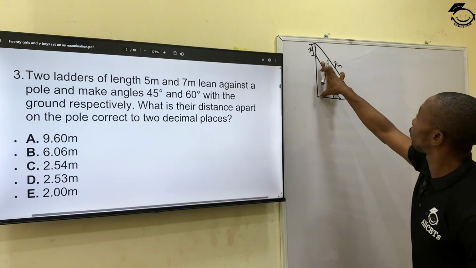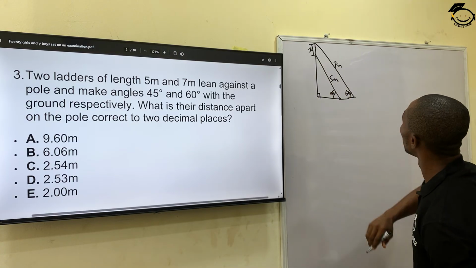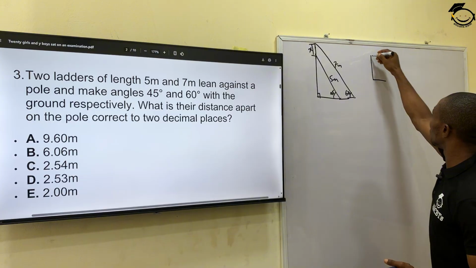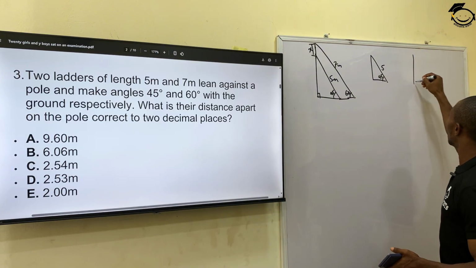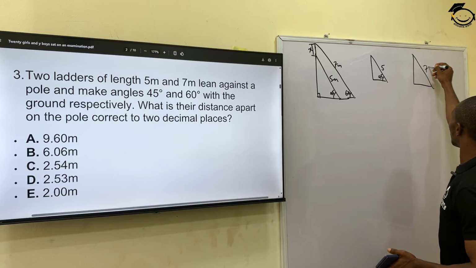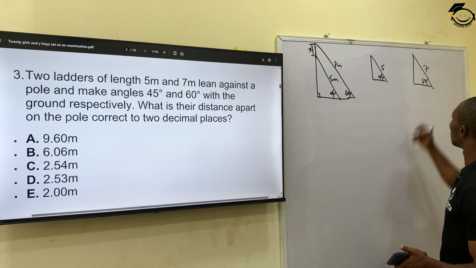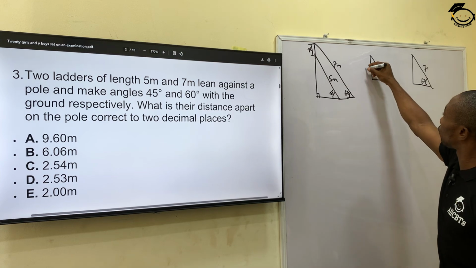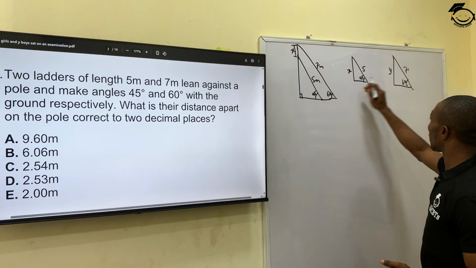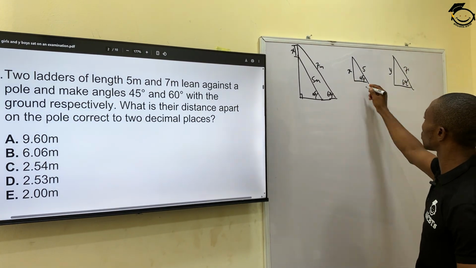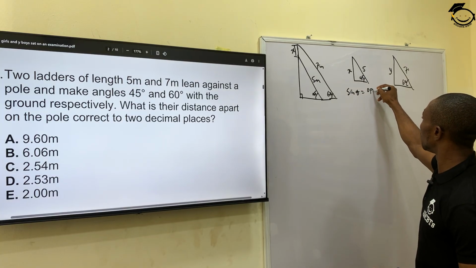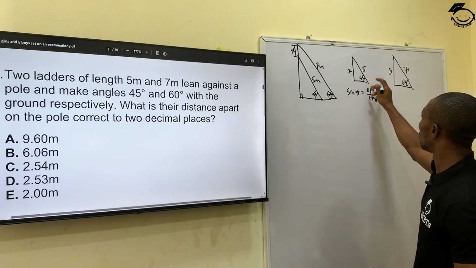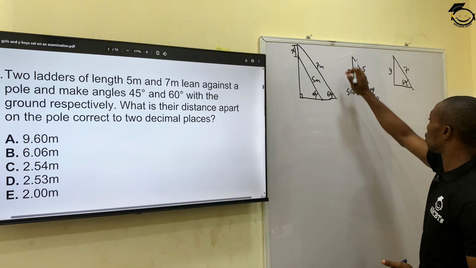Now we have two different right angle triangles here. Separating the two, 5 and 45, 7 and 60. In order to find this, we call it x and y. To find this point x, sine theta equals opposite over hypotenuse, where our hypotenuse is 5 and the opposite is x.